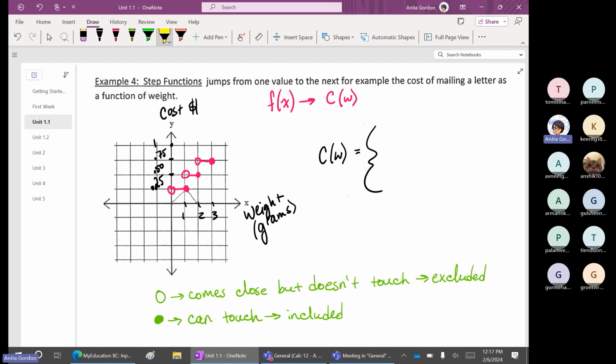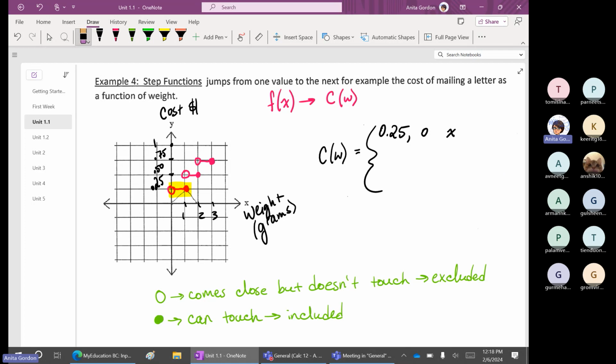How would I describe this line here? What is the value? 0.25. What is the restriction? Between 0 and 1.